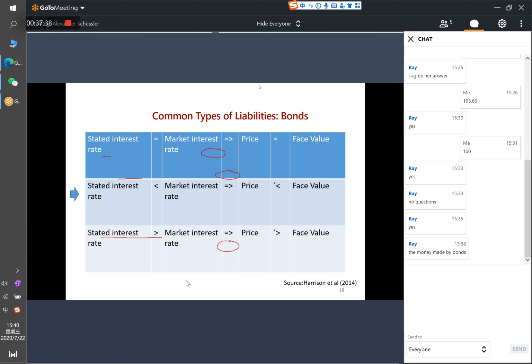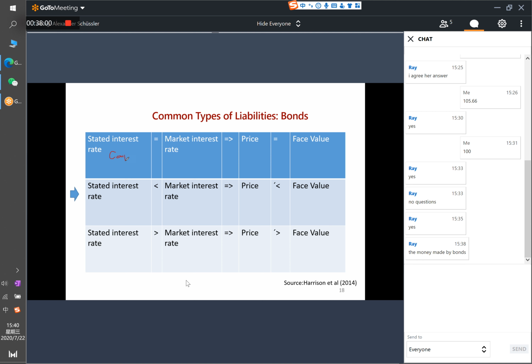Here you see the relationship between stated interest rate, market interest rate, and the price of a bond. The stated interest rate is the coupon.